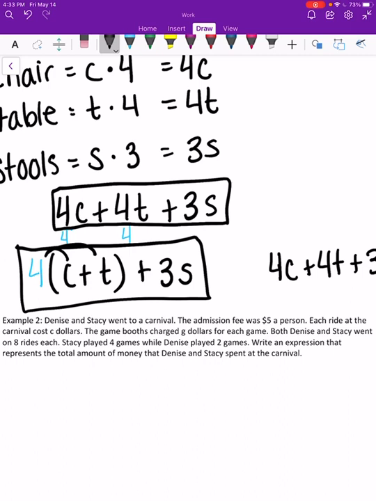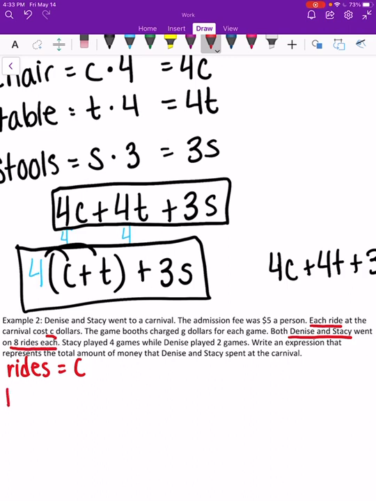Well, that's a really long problem, so let's break it up nice and slow. So first let's look at the rides. It says each ride at the carnival was C dollars. Okay, so ride equals C. Both Denise and Stacy went on 8 rides each.